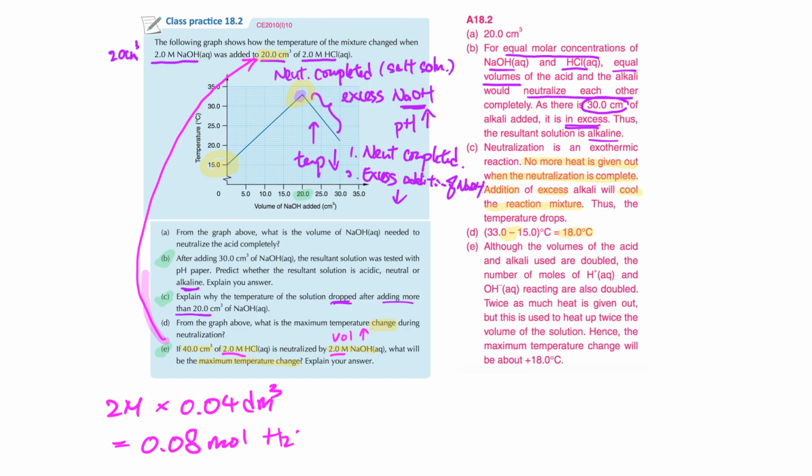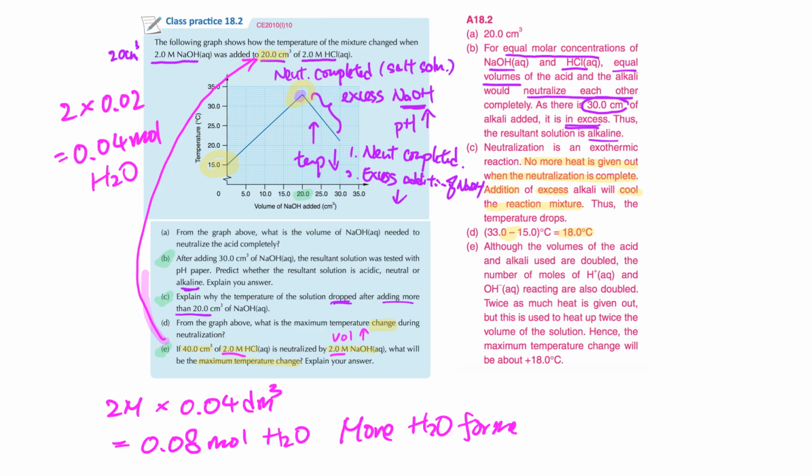We're anticipating you have 0.08 mole of water formed. But originally you have 2 times 0.02, that means you have 0.04 mole H2O. So obviously more water formed, that means more energy released.